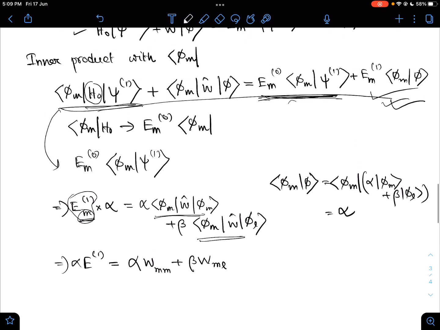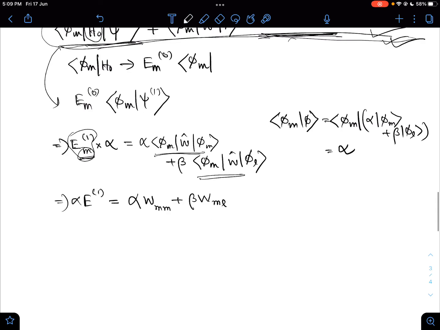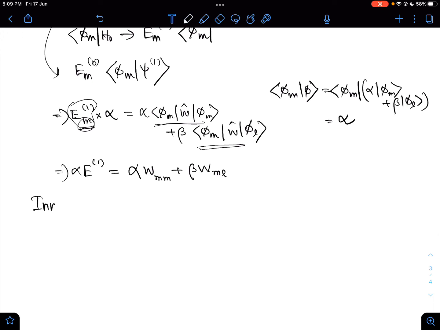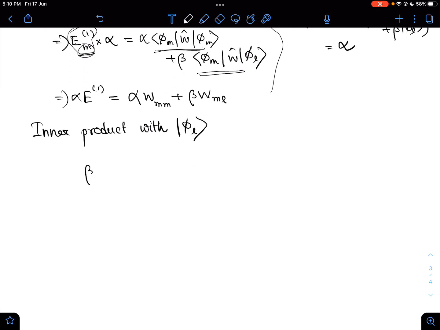Similarly, if we take the inner product of this equation with phi L and do the calculation similarly, then we will get beta E1, which will be equal to alpha omega Lm plus beta omega LL.